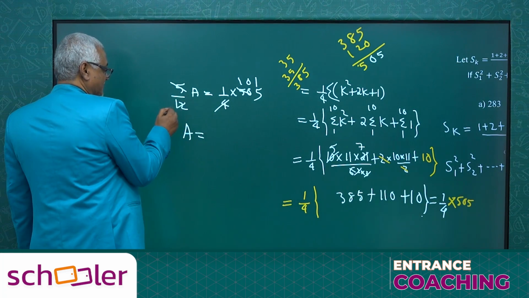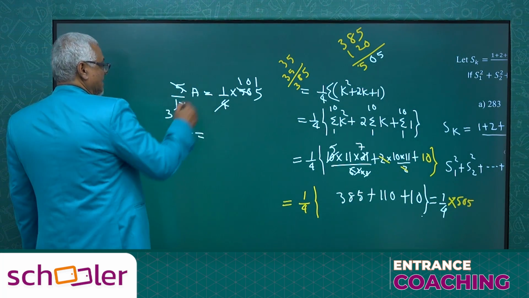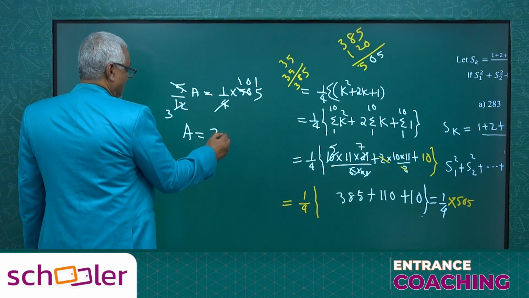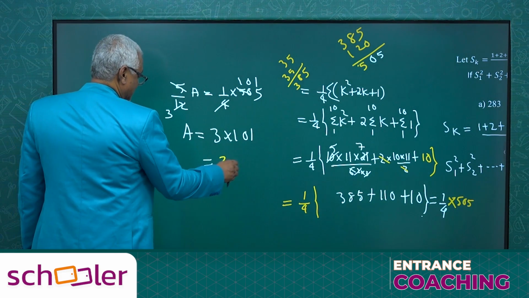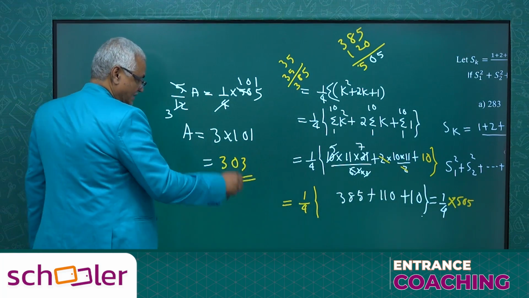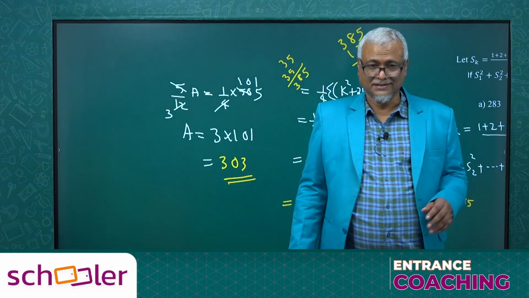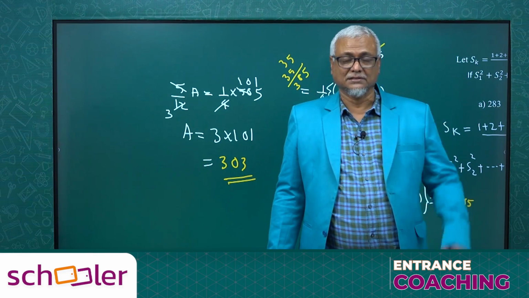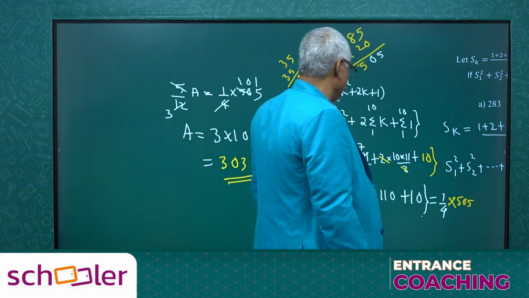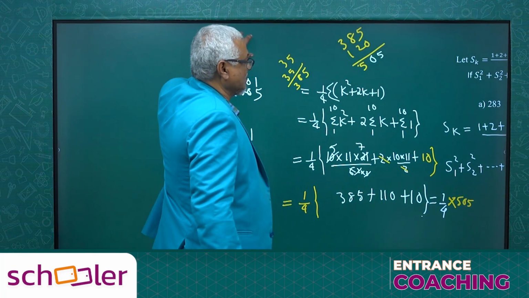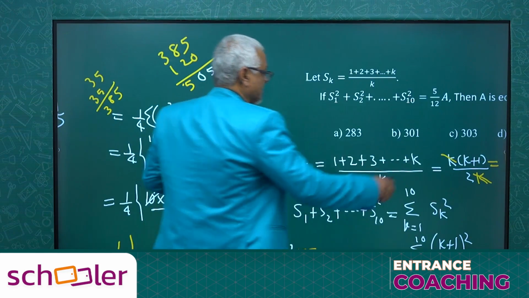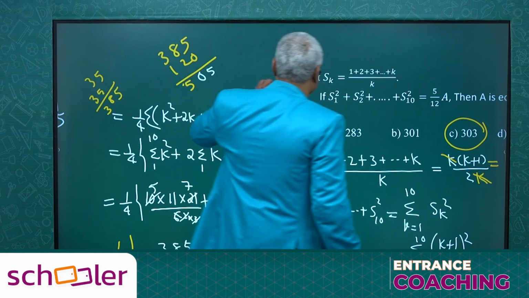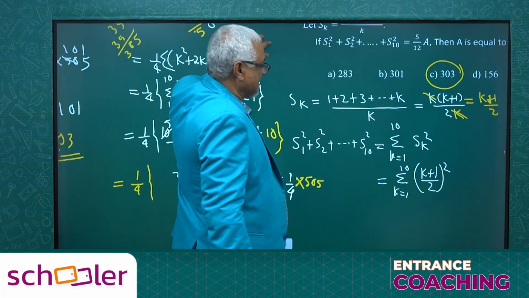You can cancel this 4 three times. Bring this 3 to the right side. 3 times 101. Answer is 303. Got it? Yes, that is the answer, 303. Is that choice given? Yes, of course it is here, 303.